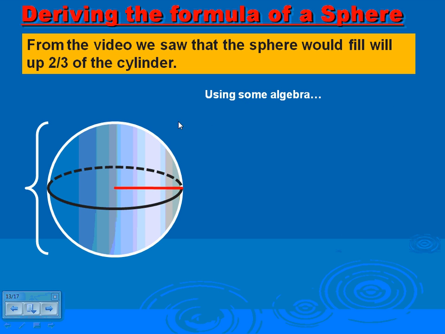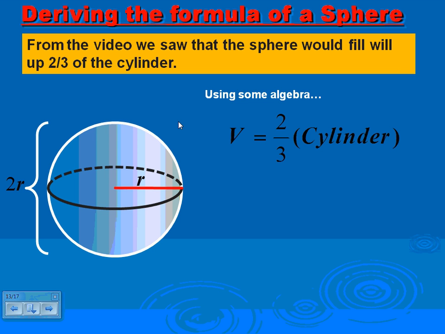Well, again, we know that the radius of this particular sphere is r, the height is 2r, and we know that the volume of the sphere is about 2/3 of the cylinder.